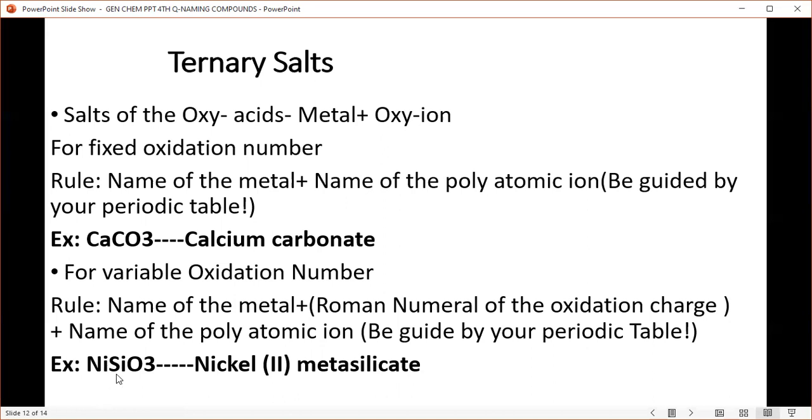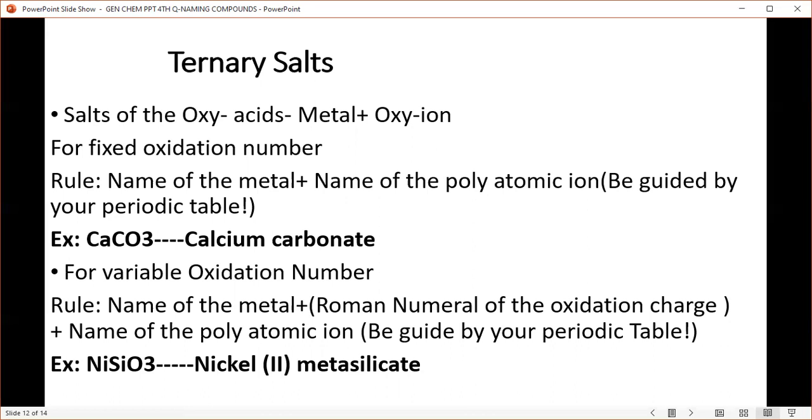As you can see here, we have nickel, Ni, and SiO3. In our periodic table, SiO3 is metasilicate, which carries a -2 charge. The 3 oxygens are already given, so it is not added there at all.